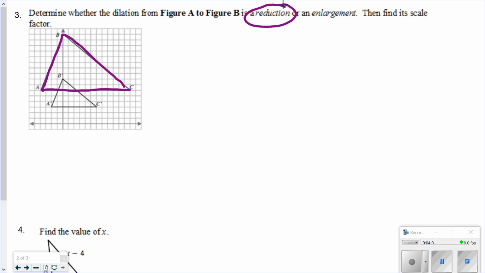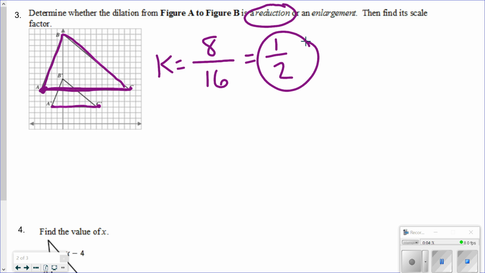The easiest lengths to look at would be from A to C. And if you count the spaces there, you will see that that is 16. And compare A prime to C prime. And if you compare those lengths, we see that it is 8. Since we have a reduction, our k needs to be a value less than 1. So that is why I put 8 in the numerator and 16 in the denominator. I can simplify this and it becomes 1/2. So my scale factor is 1/2.